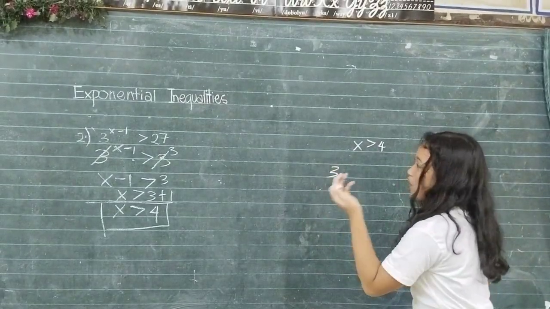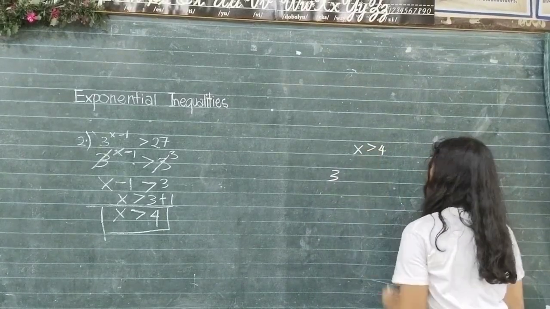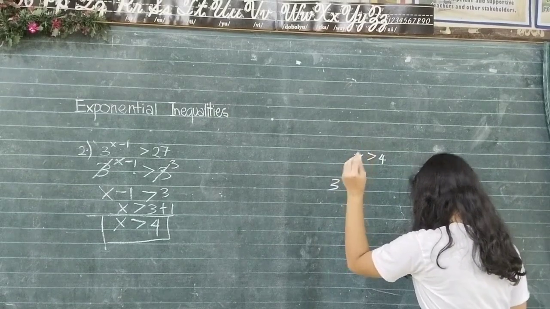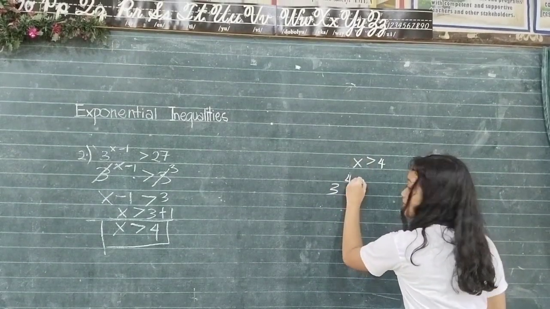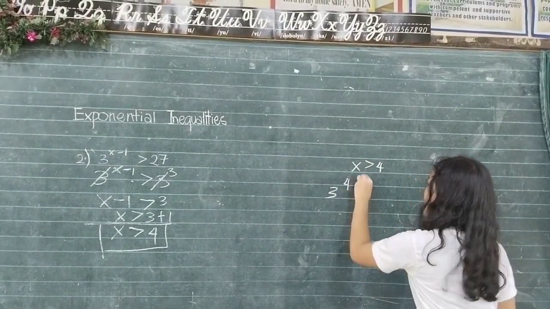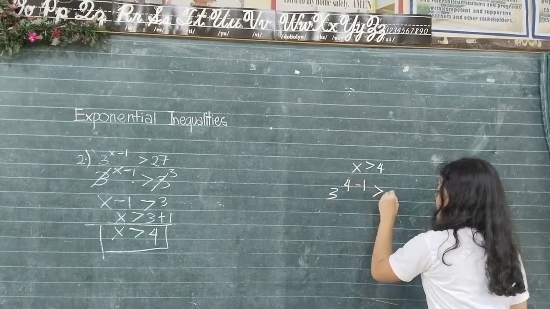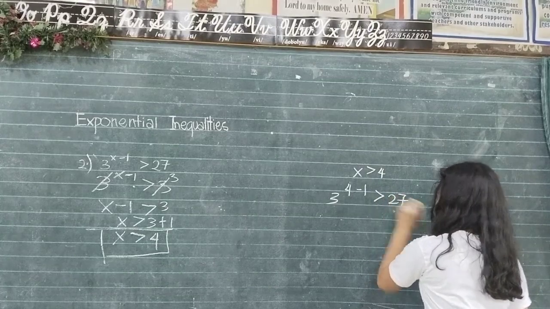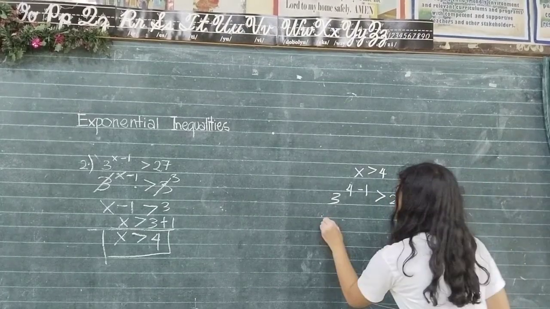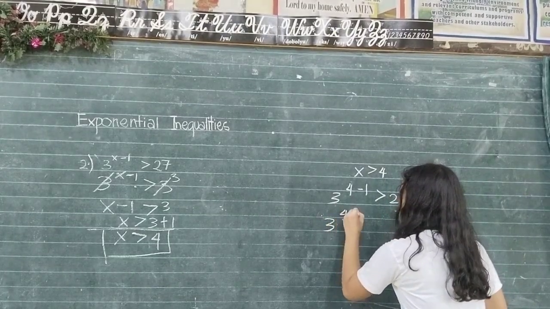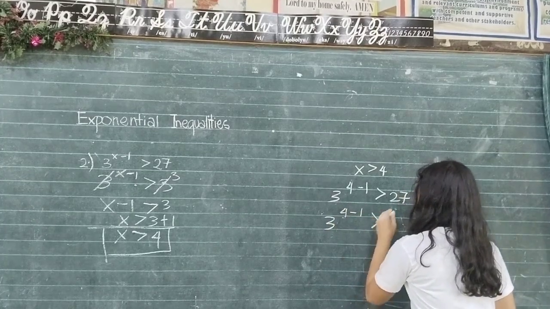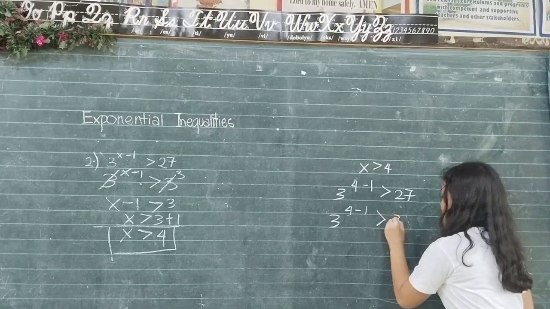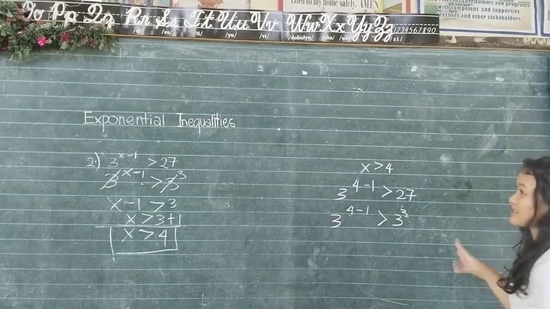So, we replace x with 4. So, 3 raised to the power of 4 minus 1 is greater than 27. So, that becomes 3 raised to the power of 3, since 27 is 3 times 3 times 3.